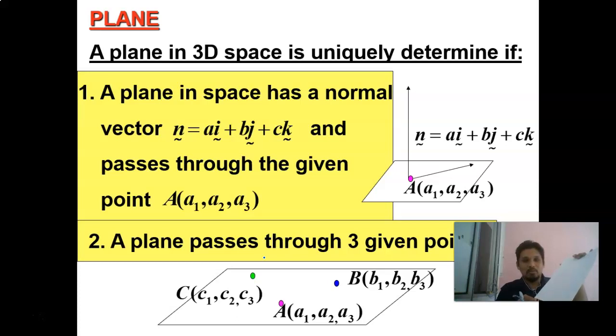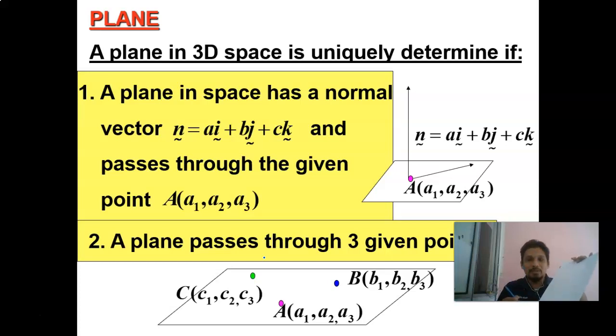So then we are going to find the normal of the vector. Of course, when we mention the normal, it means the vector forms a 90-degree angle between the straight line and the plane.